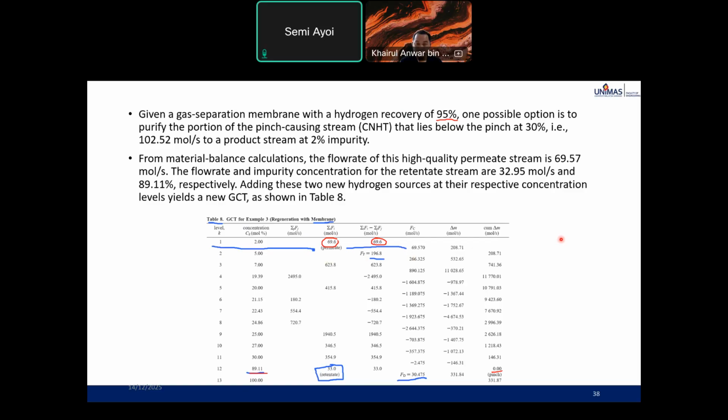It's not the same as the first one, 96.6. Yes, correct. 96.6 is not correct. That one I assumed 95% recovery, which is wrong because I didn't read the second statement.